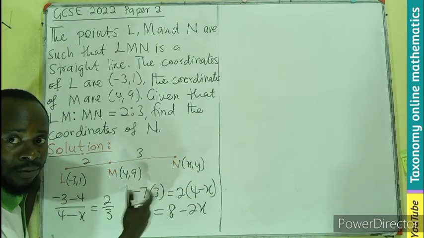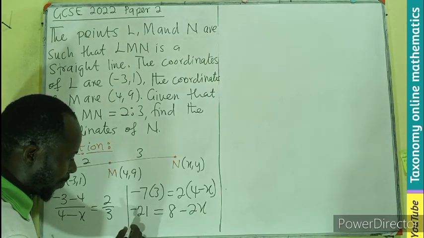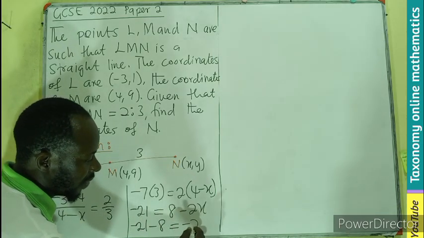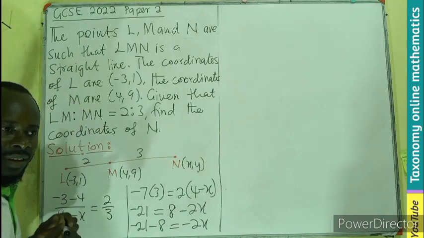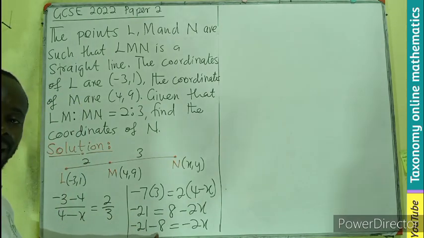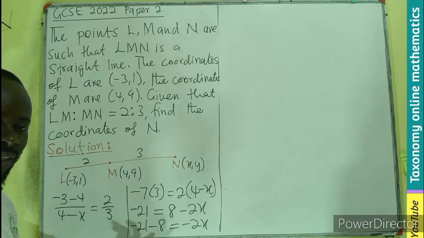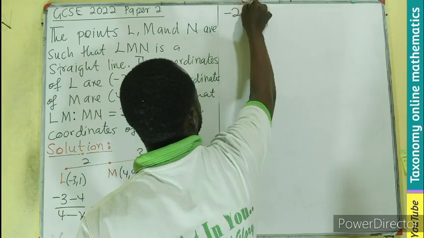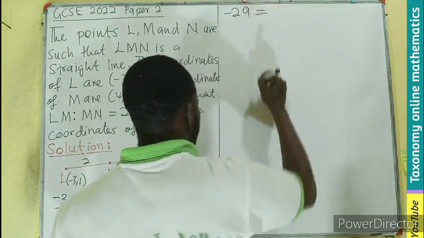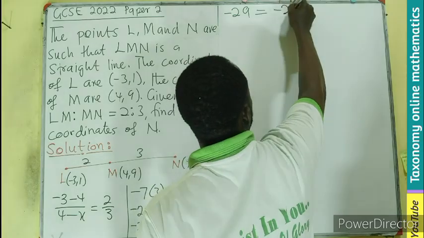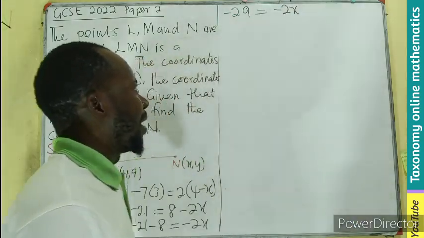Now we add 8 to both sides: 21 plus 8 equals 2x, so 29 equals 2x.